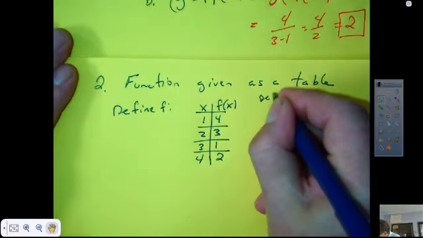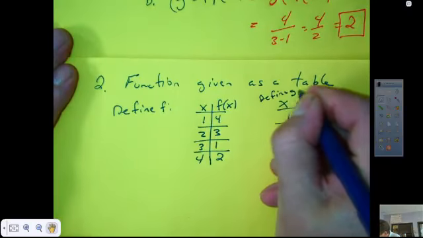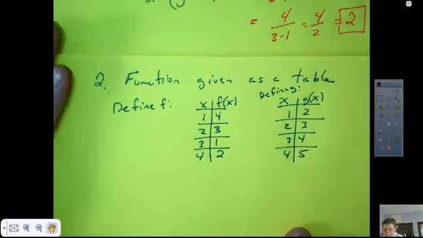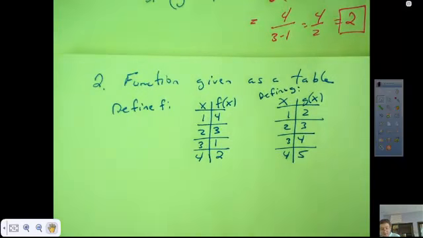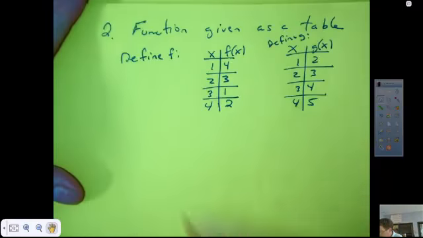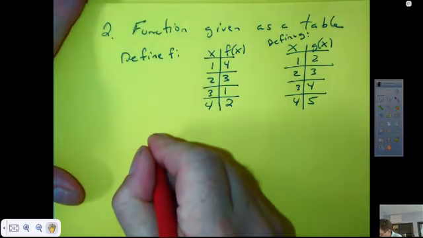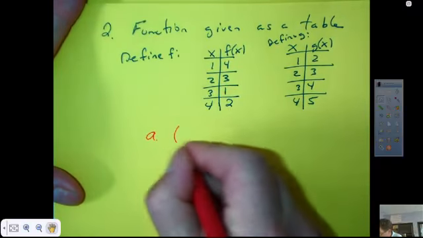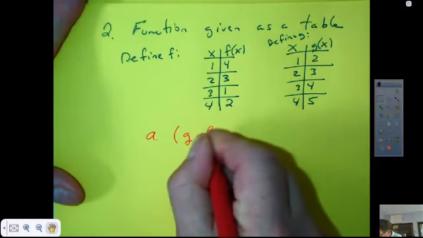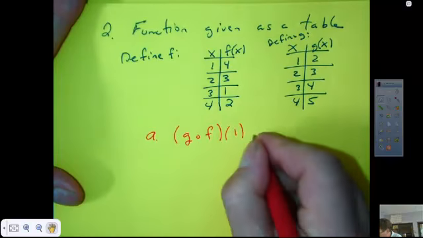We define g. And now I'm going to use that to find some of these compositions. I want to find g composed of f of 1 to start with.